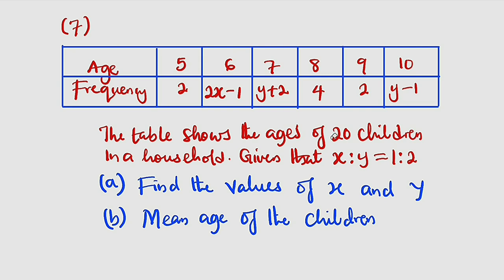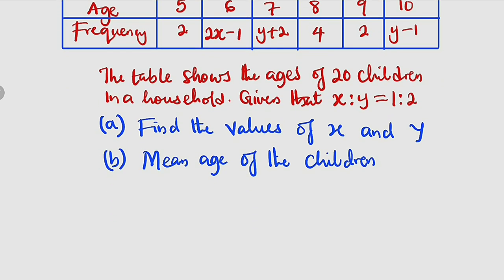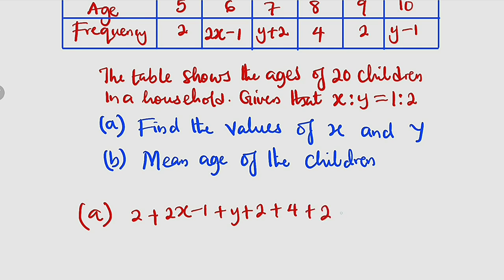Remember that since we have 20 children, it means that the summation of the frequency must be equal to 20. So now let us add the frequency and set it to be equal to 20. Let me start with the A part. The frequency, we have 2, that is the first one, plus 2x minus 1, the second one, then y plus 2, then 4, then 2, then y minus 1.